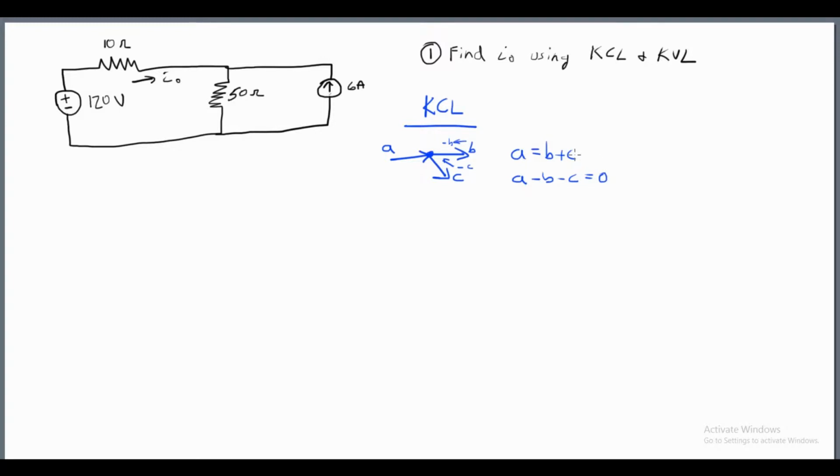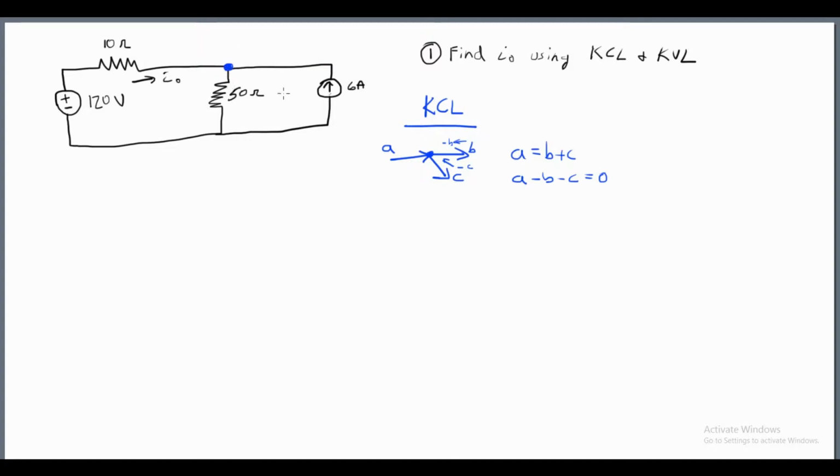This would be simply setting all of the currents entering the node equal to the sum of all the currents leaving the node. So if we look at our circuit here, we have one node at the very middle of the circuit at the top right here, and we can first apply KCL to this node.